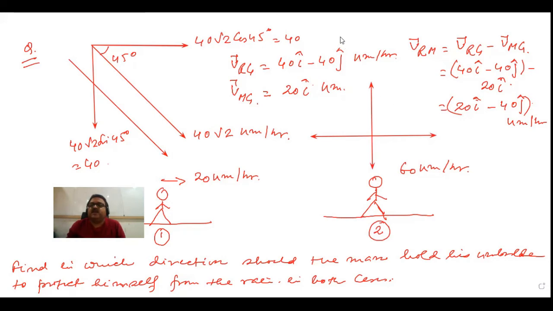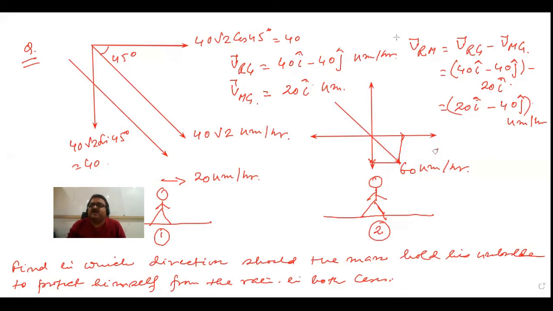Now, according to the man, the rain has 2 components. One is 20 i cap, that means along this direction, and minus 40 j cap along this direction. So what we need to do? We need to complete the parallelogram. And this is the diagram of the parallelogram.